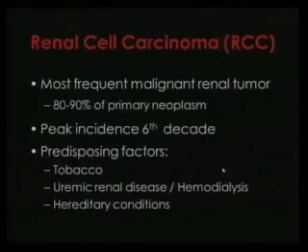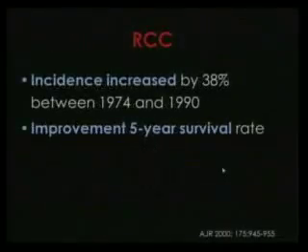Smokers multiply by 3 the possibility of getting renal cell carcinomas. Some acquired diseases like cystic renal disease can, after some time, develop renal cell carcinomas, and a lot of hereditary conditions can also affect the kidneys and develop renal cell carcinomas.